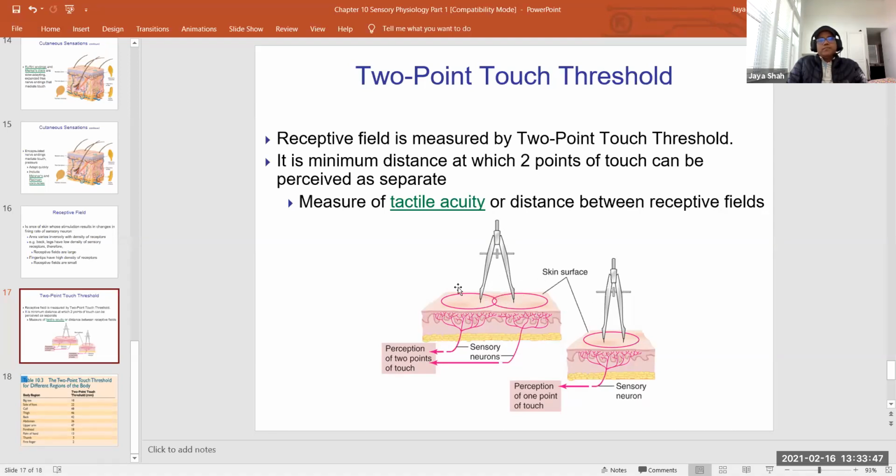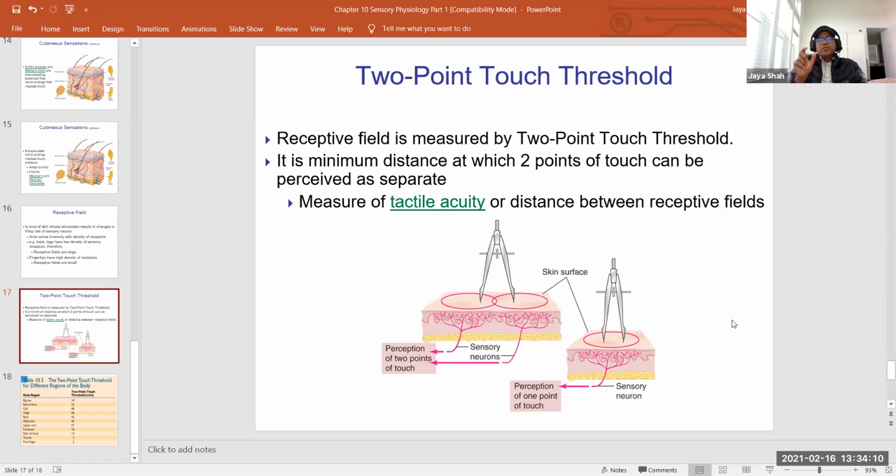You separate these calipers apart and ask an individual to close their eyes, and you touch with both points of the calipers and ask, do you feel 1 point or 2 points?